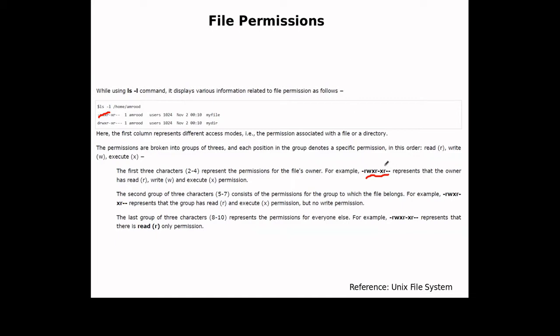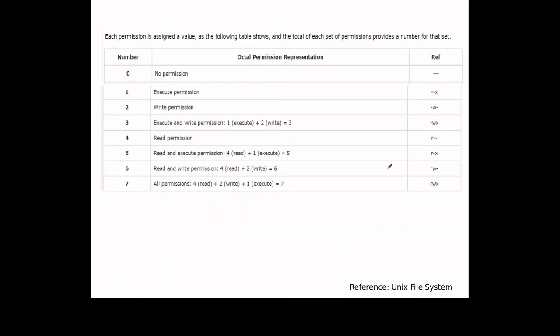Everyone else means those who are not the owner and do not belong to the file's group. Other than these two, the other people can only read the file. The 8 to 10 bits are reserved for that group only. Now see here.